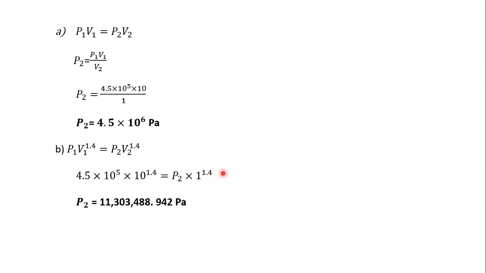It will always be 1. So this doesn't change anything. So when you multiply here, what you're going to get is P2 equals 11,303,488. So as you can see, this is our final answer.